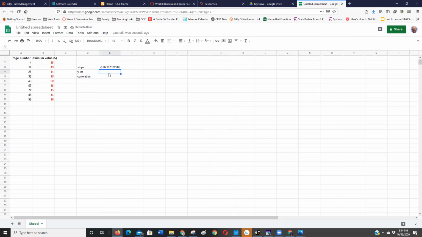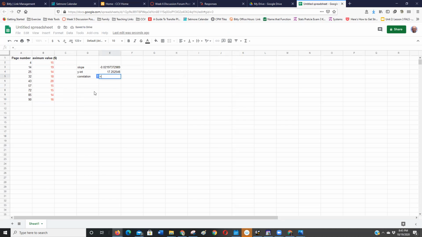And then do the y-intercept, you do equals, write the word intercept, and select that, and then you select the y values again, and then the x values. If you do get that backwards, it'll give you the reciprocal, and that isn't what we want.